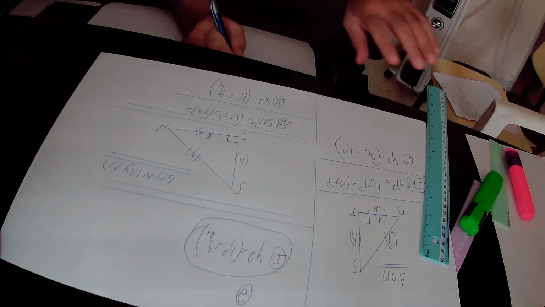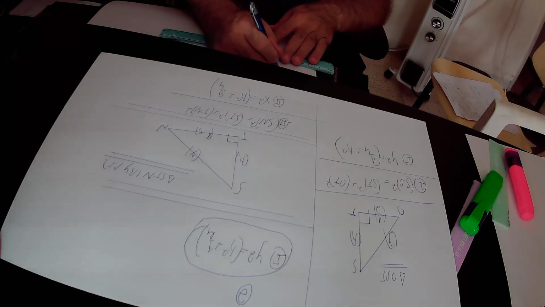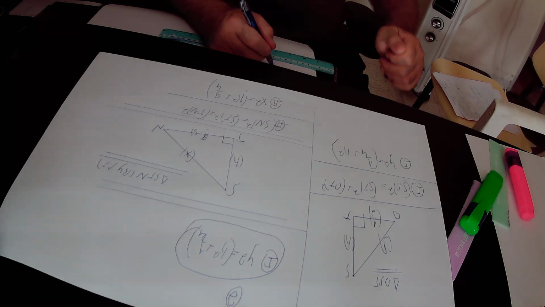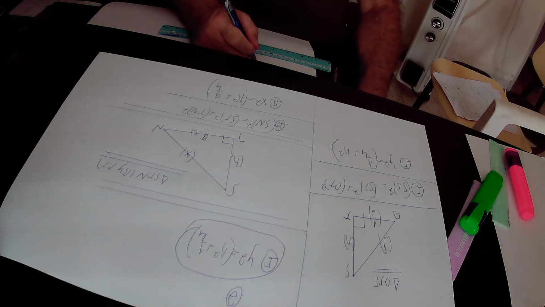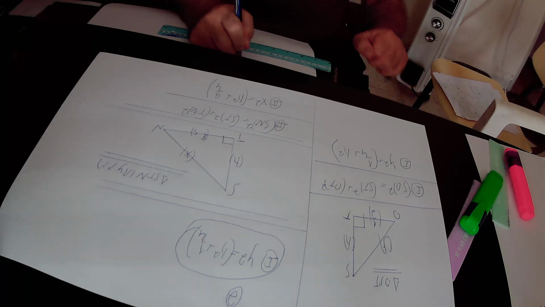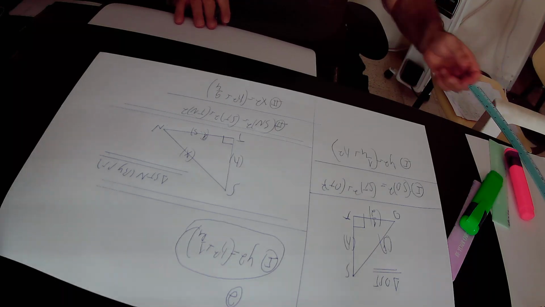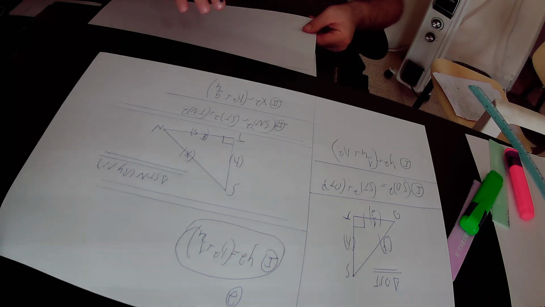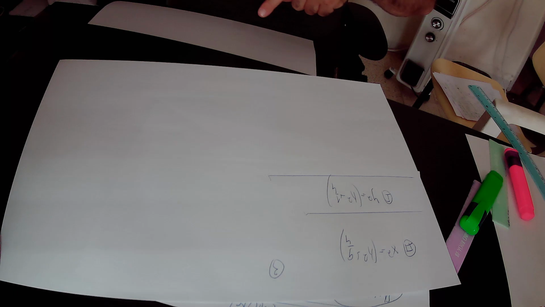This is according to equation 2, and according to equation 1, we found that y squared equals h squared plus 1 quarter. So here are two equations: x squared equals h squared plus 9 quarters, and y squared equals h squared plus 1 quarter.